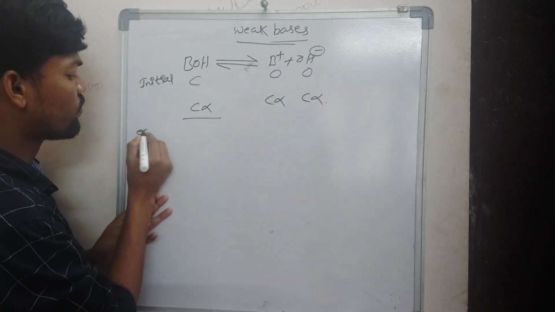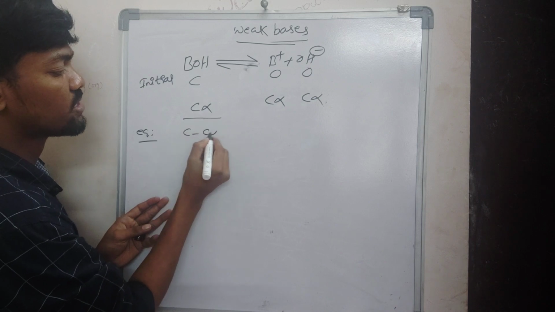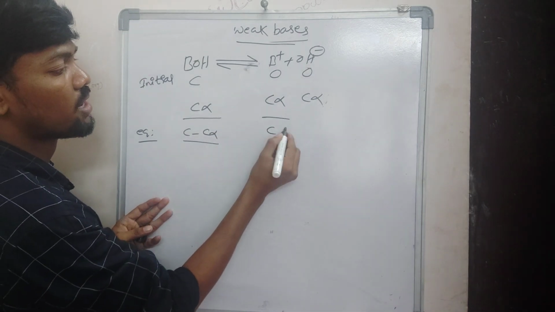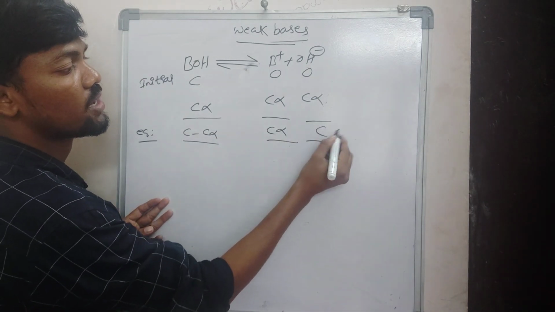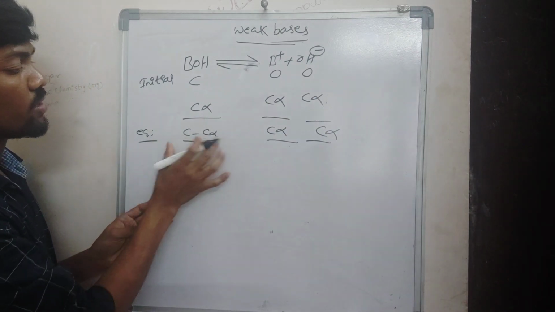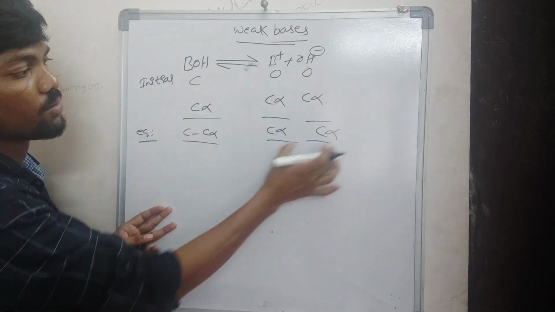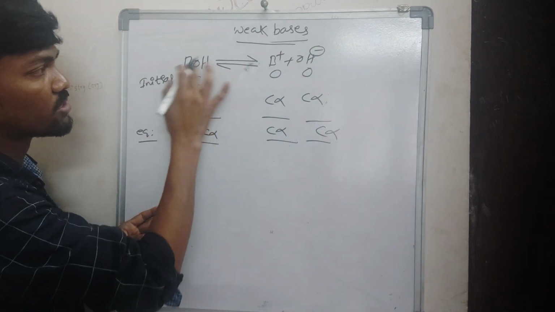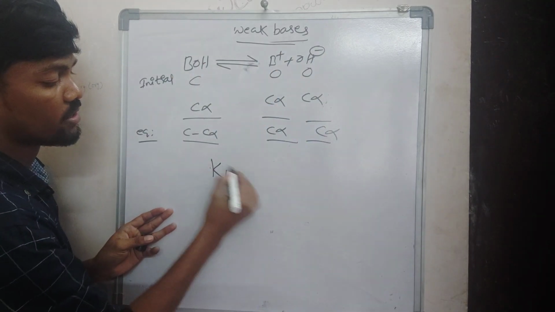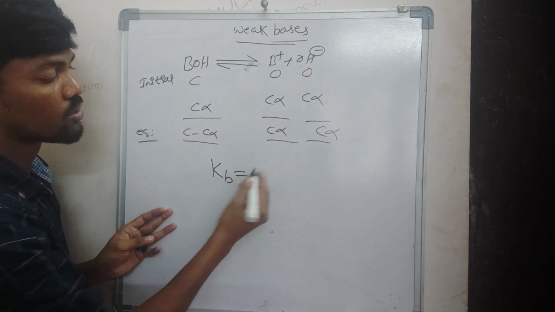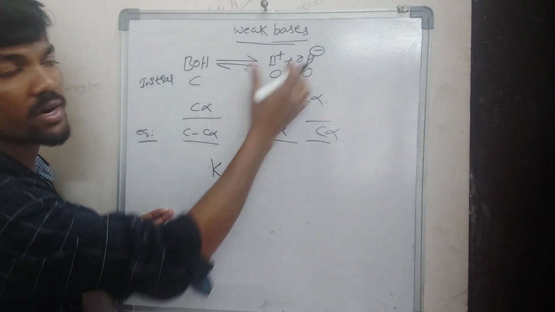So at equilibrium, what is the answer? BOH concentration is C minus C alpha, here C alpha, and here C alpha. Since this is a weak base, I will represent it with the Kb value. So how can you find Kb?